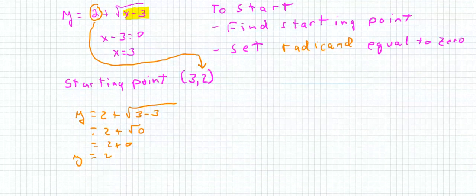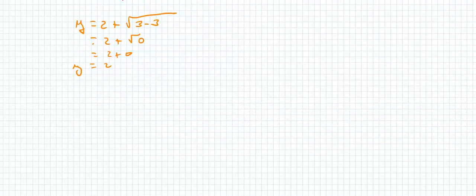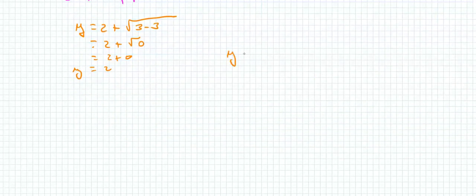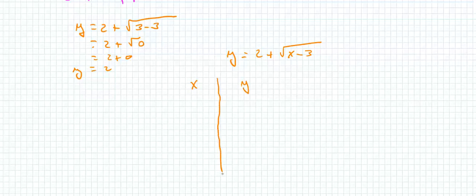All right, so let's make a little table of values here. Y equals 2 plus square root of x minus 3, x, y. Our starting point is 3, 2.